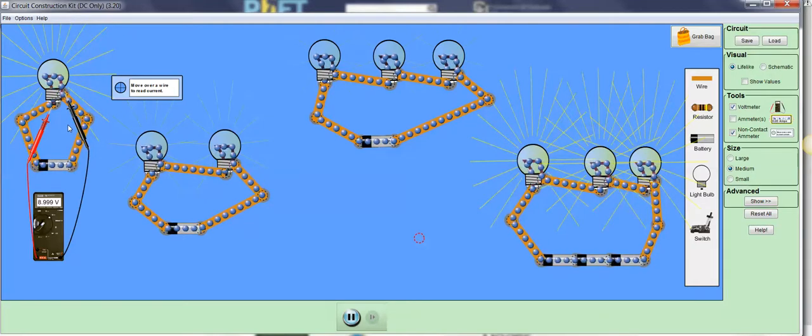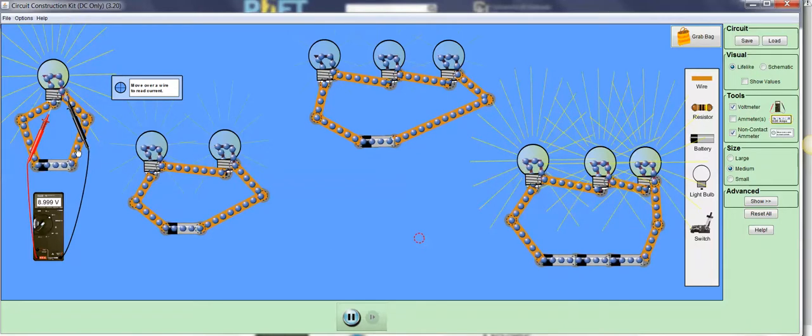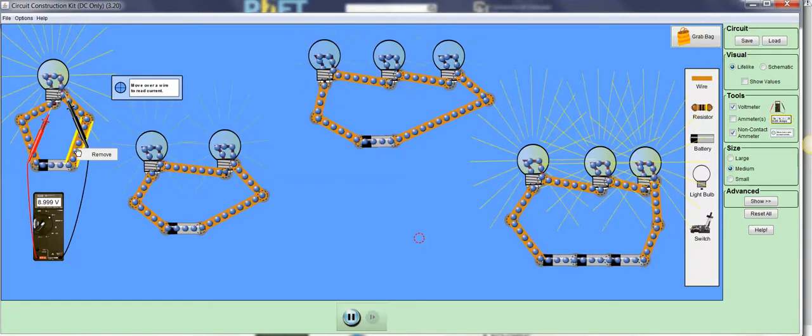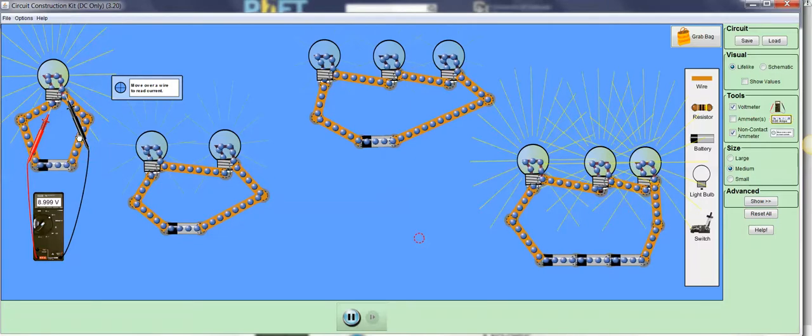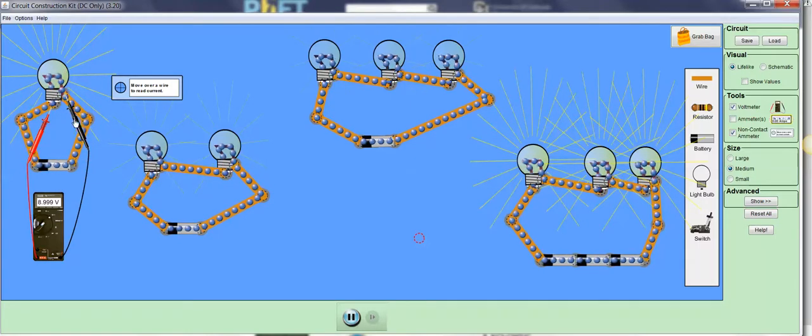The simulation gives us a teeny bit of resistance in the wires just to make it realistic, but truly they're pretty much the same. We'll notice that this bulb is nice and bright.